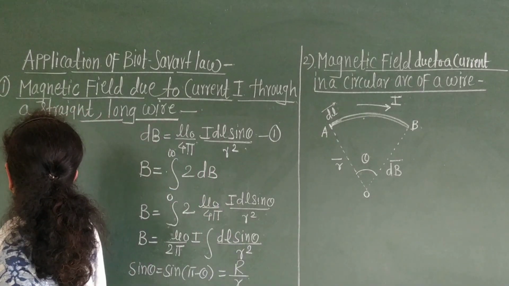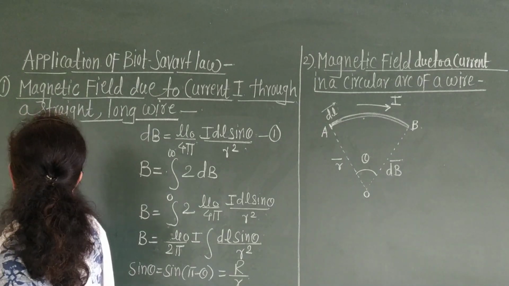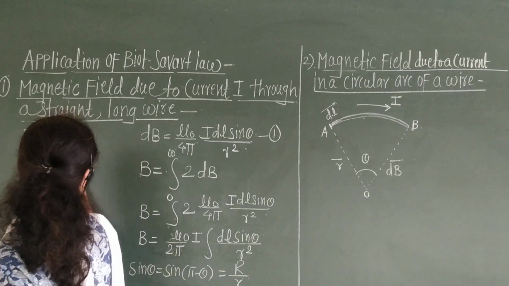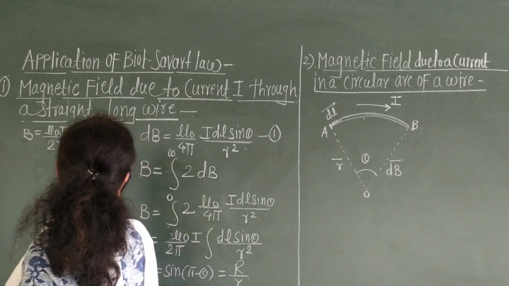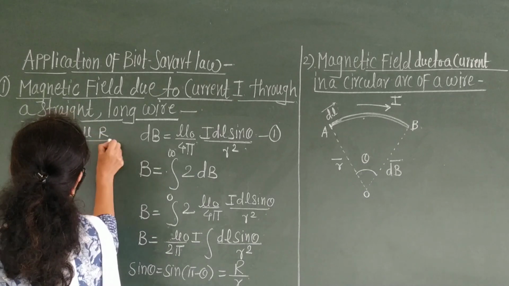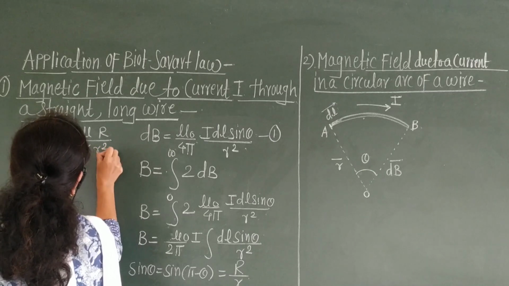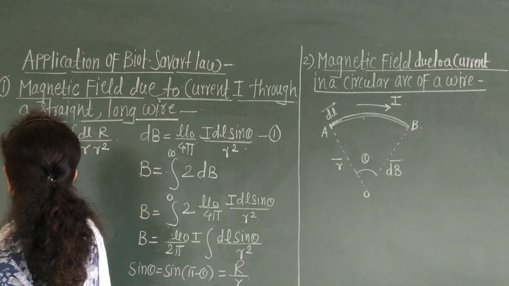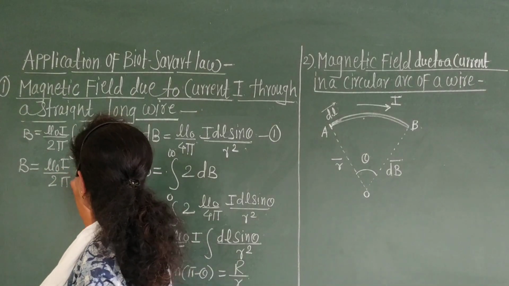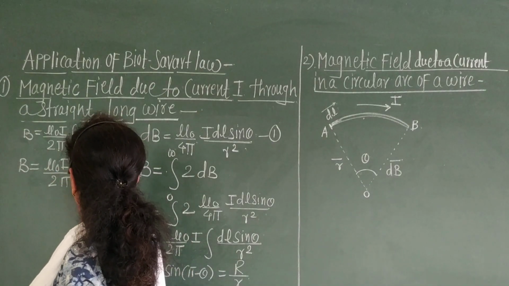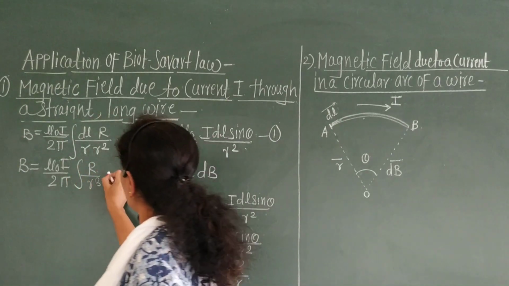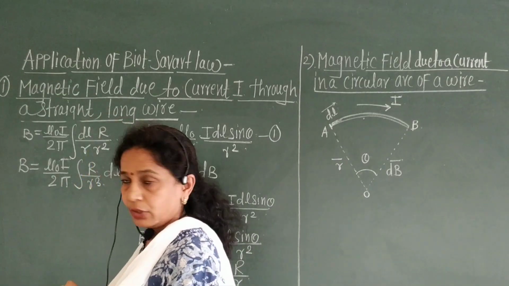Therefore, B is equal to mu 0 I upon 2 pi, integration of dl sin theta, capital R upon small r into r square. Therefore, B is equal to mu 0 I upon 2 pi integration of capital R upon r cube into dl.